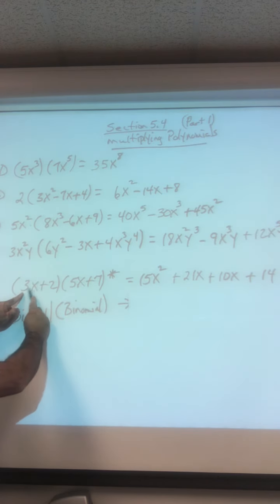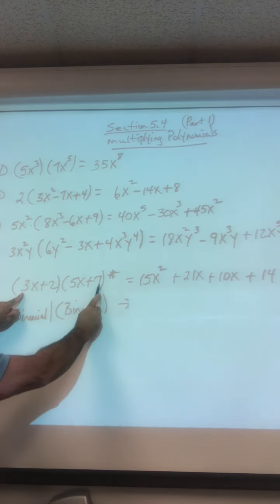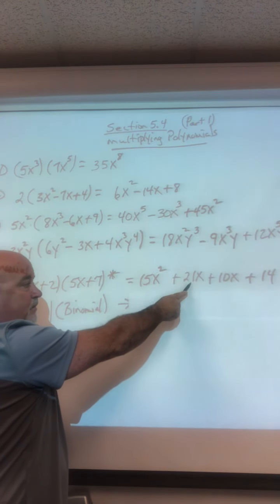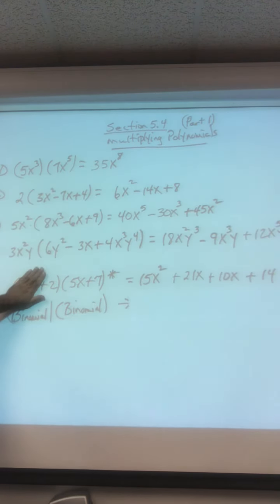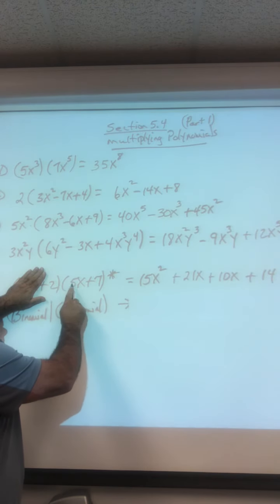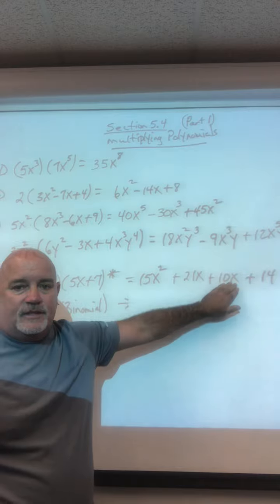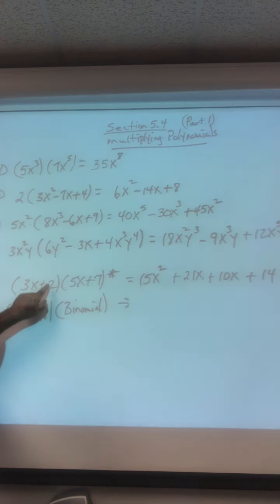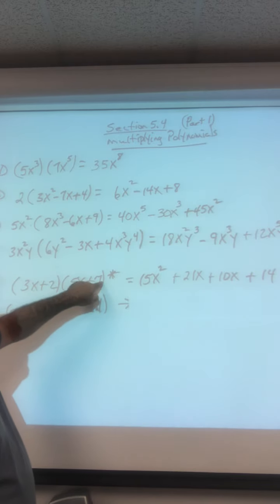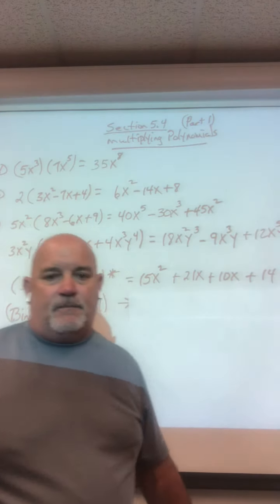But then take 3x times just a 7. That's where this 21x comes from. All right, now when you do that, you're through with this one. Now multiply the 2 times the 5x. That's where this 10x comes from. And then 2 times the plus 7. So a positive 2 times a positive 7 is plus 14.